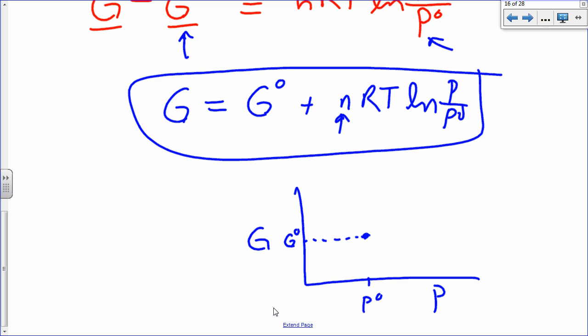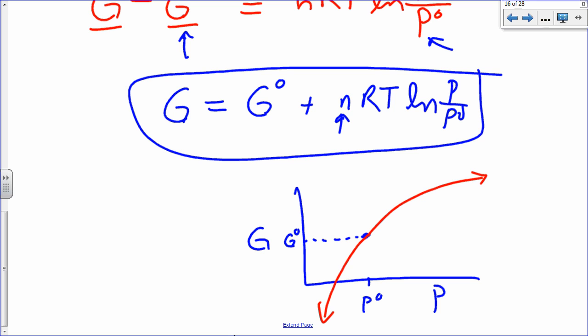And what does a plot of natural log look like? Okay, let's see. It's going to look like this.